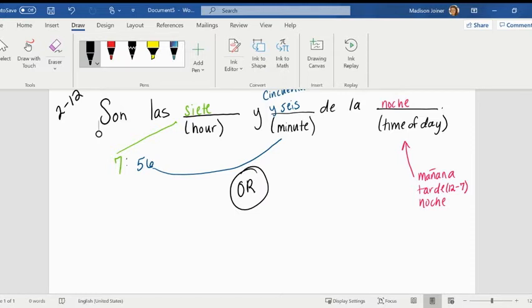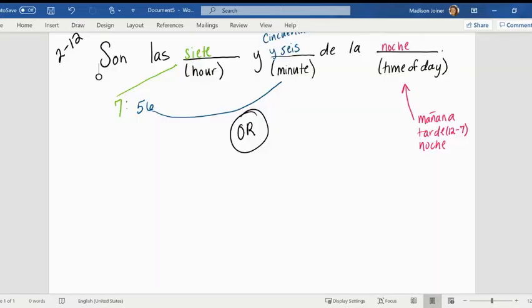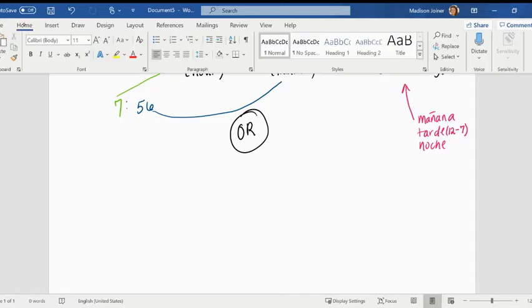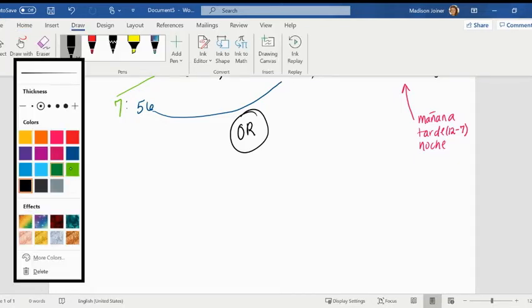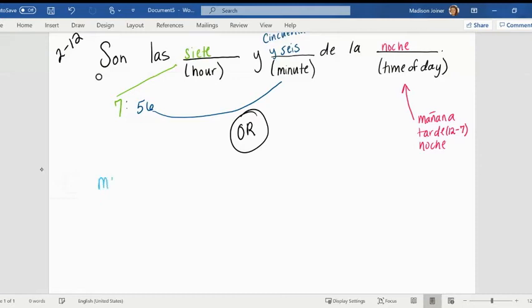Because also in Spanish, we can also tell time by using minus. So what that looks like, we have this word in Español, menos, which means minus.